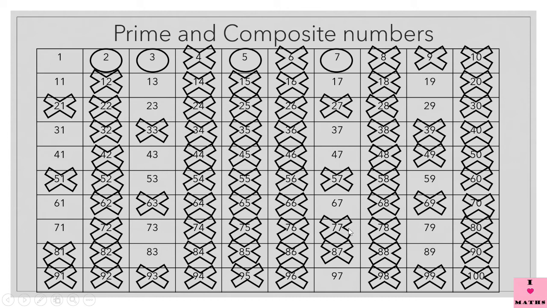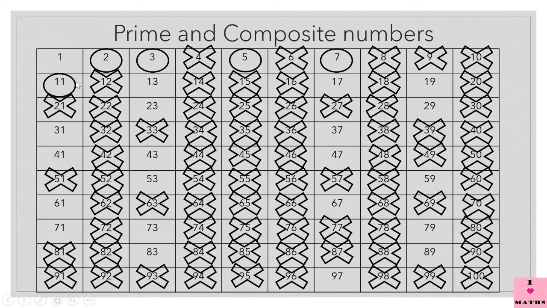So every seventh number starting from 7 has been cut because every seventh number is a multiple of 7. Okay, now we have to encircle the next number which has not been crossed. 8 is crossed, 9 is crossed, 10 is crossed, 11. We are going to encircle 11 and we are going to cross all the multiples of 11.